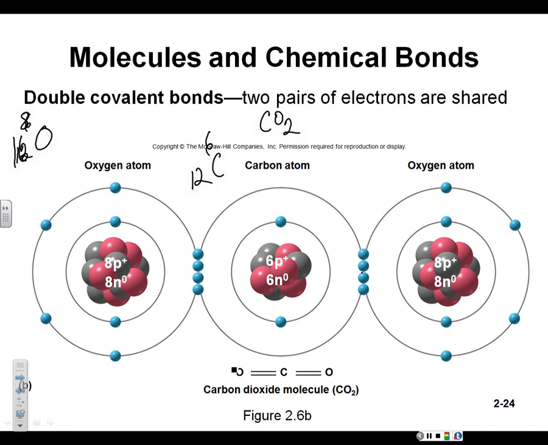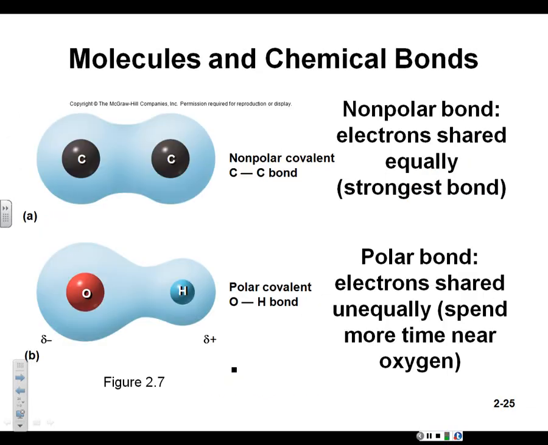This one has 6, but this one can donate what? 2. That one can donate what? So when I look at them, all of them are what? From sharing what? The electrons. So now I'm sharing what? 2 pairs. That is a what? Double what? Covalent bond. Because I'm sharing what? 2 pairs of electrons.